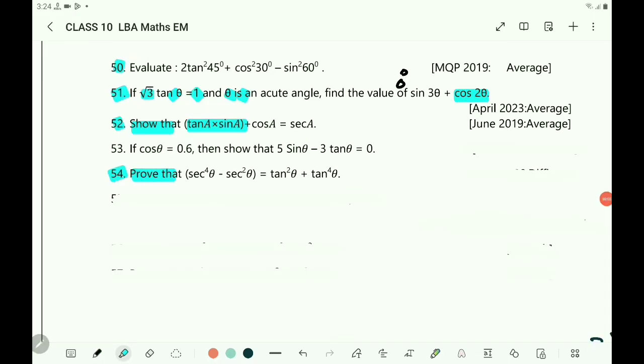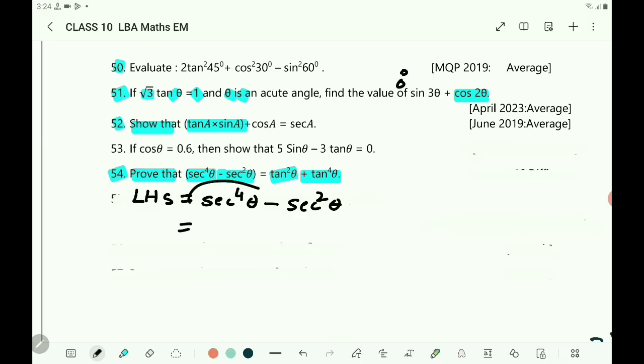Prove that secant power 4 theta minus secant square theta is equal to tan square theta plus tan power 4 theta. Write the LHS. LHS equals secant power 4 theta minus secant square theta.